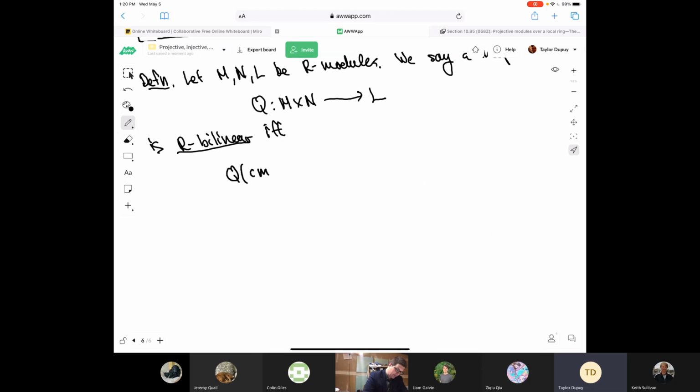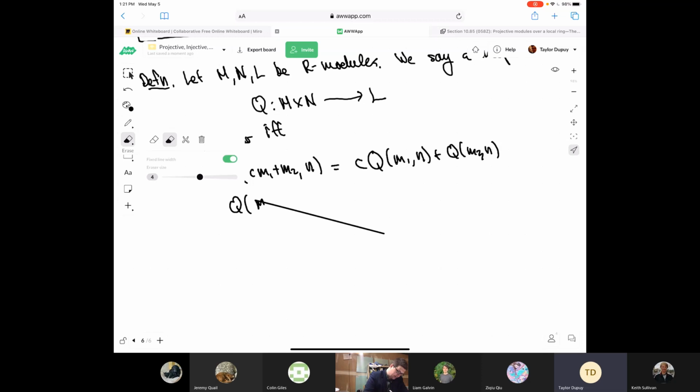So we'll have Q of (c m1 plus m2, n) equal to c Q(m1, n) plus Q(m2, n). It's like an inner product; it's a generalization of an inner product.